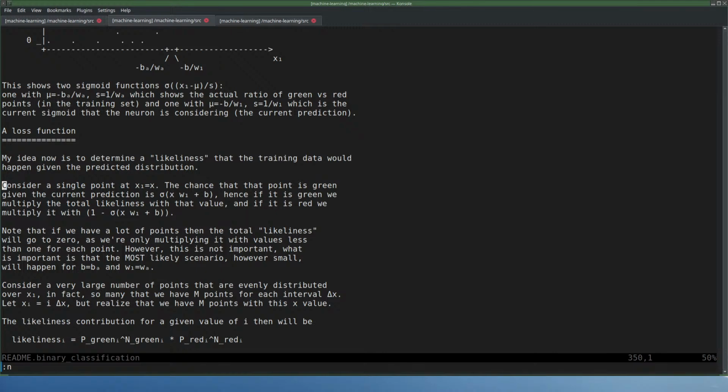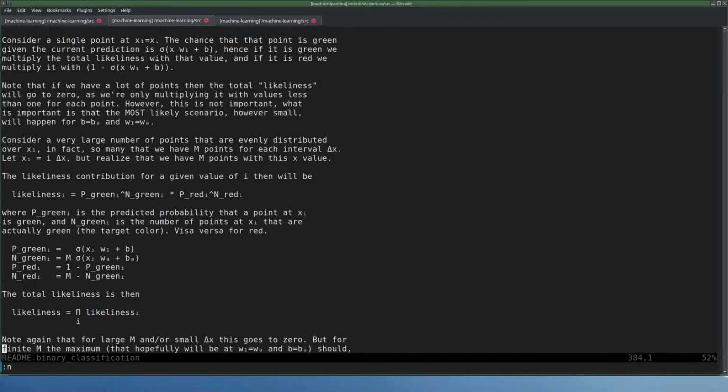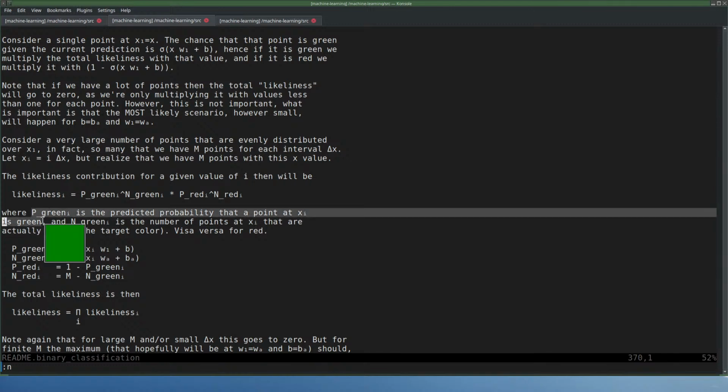Why I end up here? Yeah, P green I. It's a sigma of that. Oh, here it is. P green I is the predicted probability that a point at xi is green. Let's copy that. Gonna copy the whole thing.